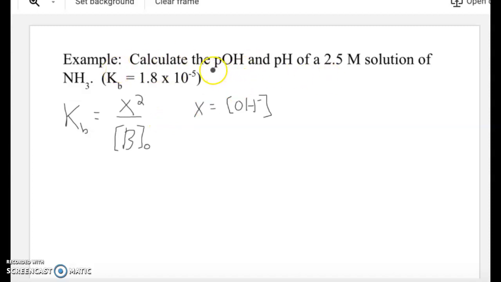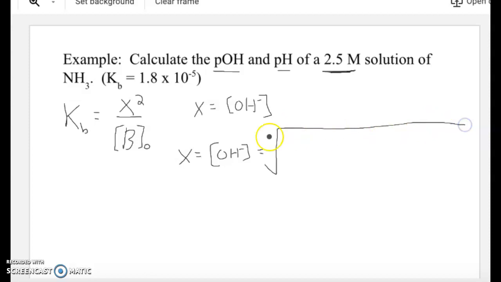Okay, so now we want to find the pOH and the pH in this problem. We know the initial concentration, 2.5 molar, and we know the Kb value. So we can rearrange this to solve for x. So x, which is going to be the hydroxide ion concentration, is equal to the square root of Kb times the initial concentration.